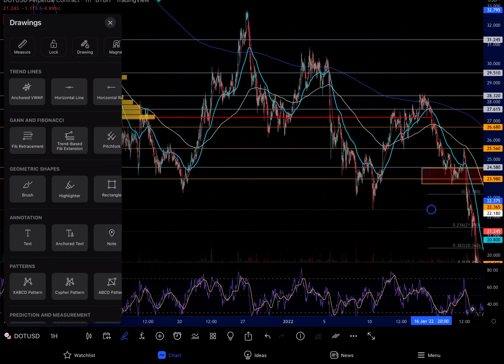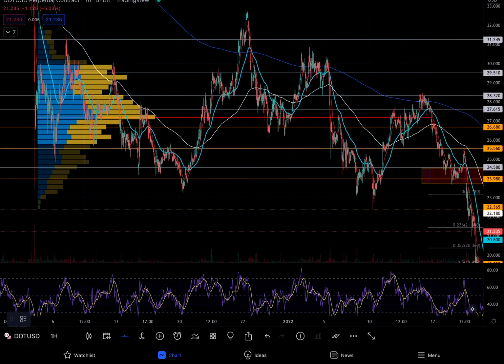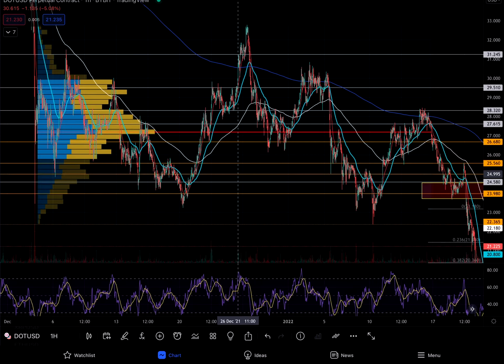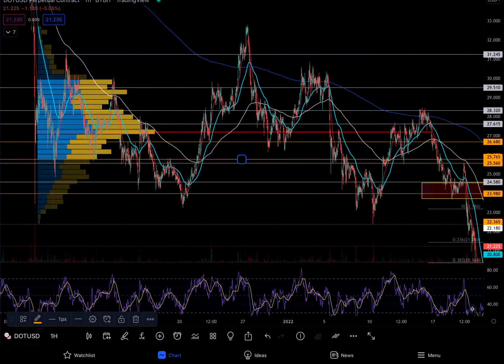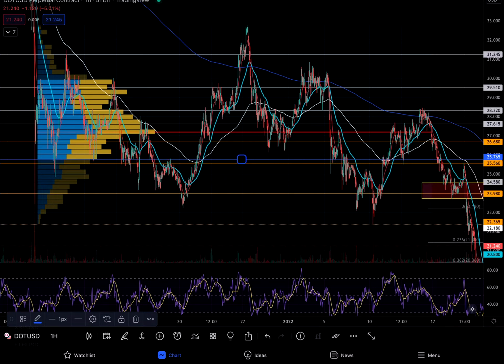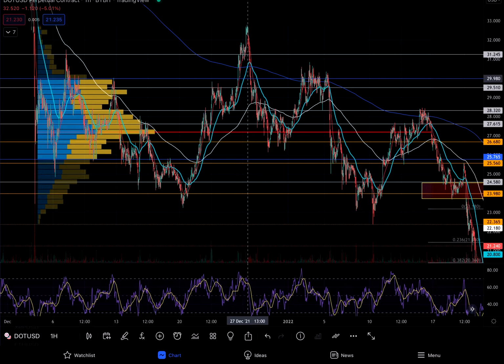But what we would do is we'd come in with our horizontal, and we would mark right there. This is our value area low, where the market blue, see where the color starts to come off, the brightness comes off there. That's our value area low. This is our value area high.